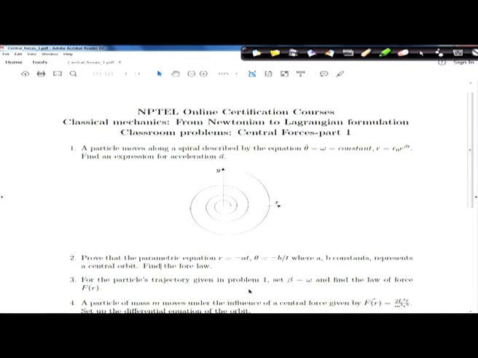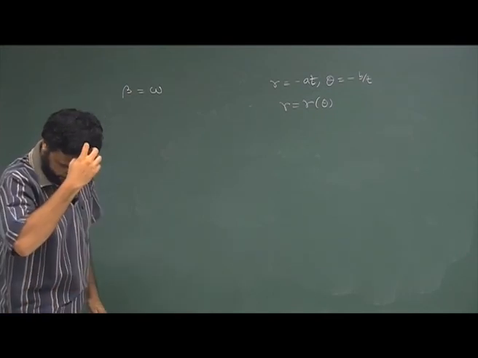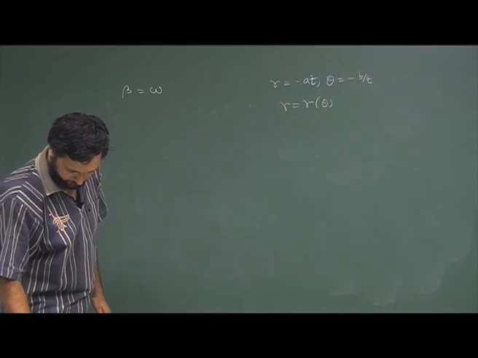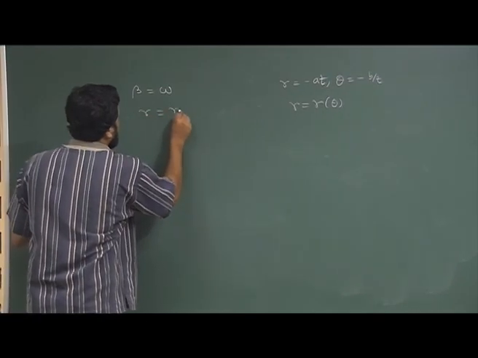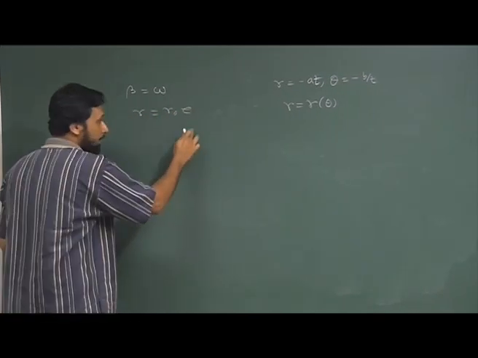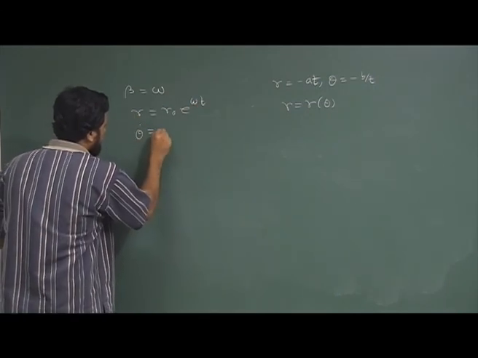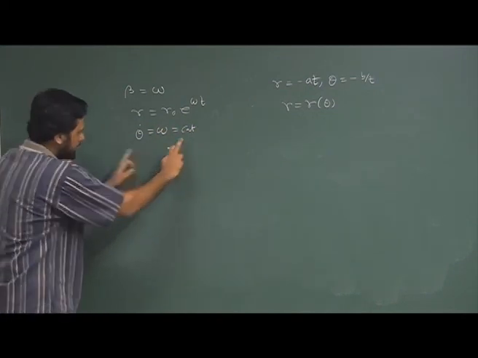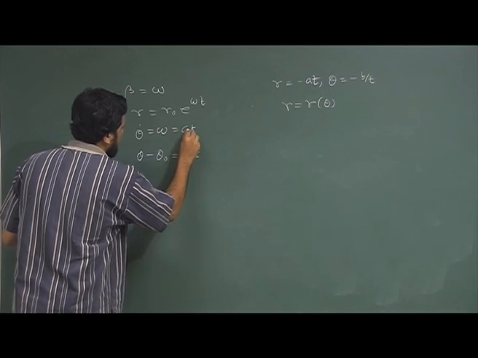If we set beta equal to omega, r is equal to r 0 e to the power beta t. Now, it will be r 0 e to the power omega t, and theta dot is equal to omega, a constant. Now, if we integrate this equation, we get theta minus theta 0 is equal to omega t.